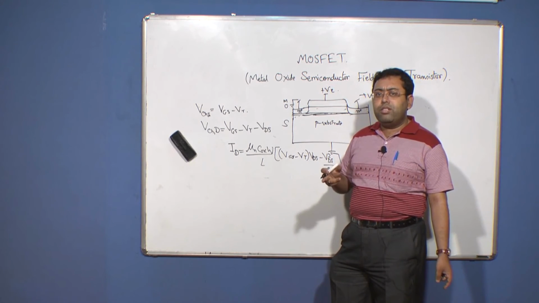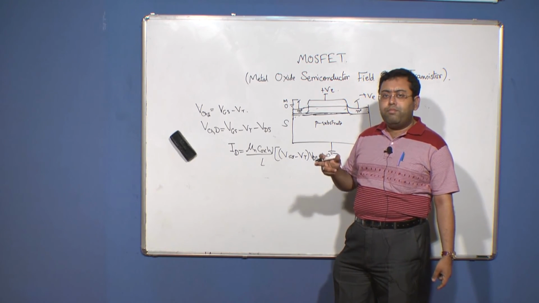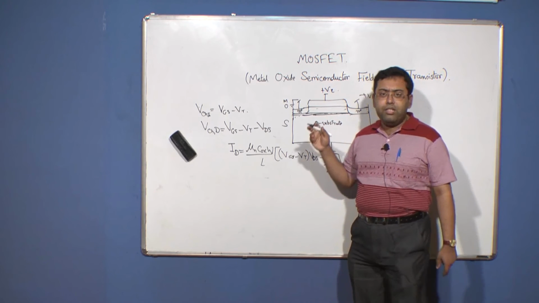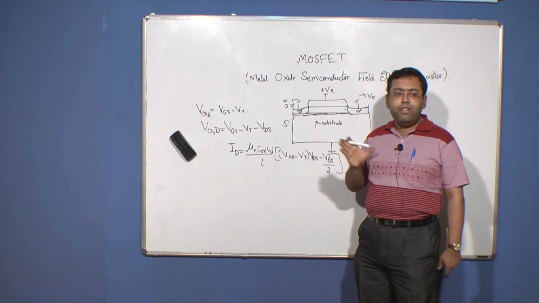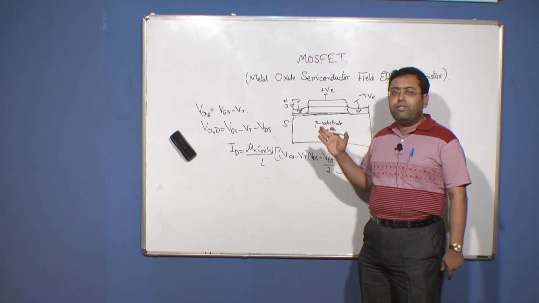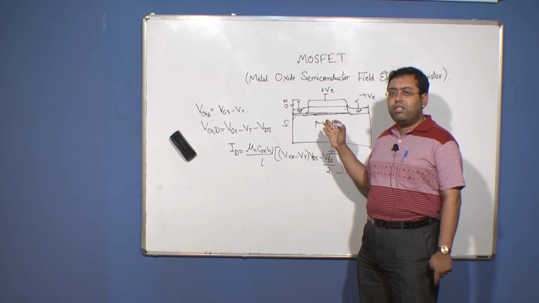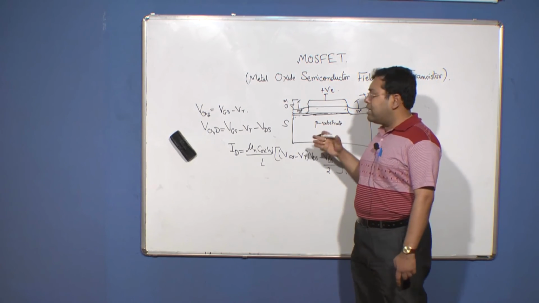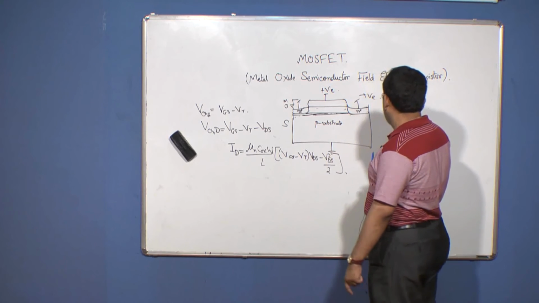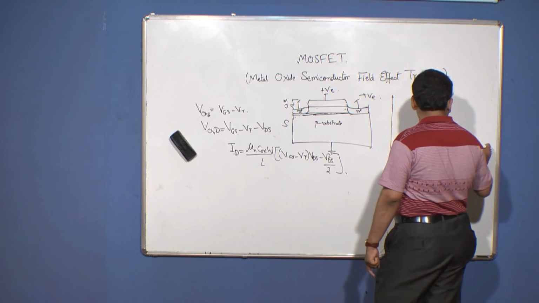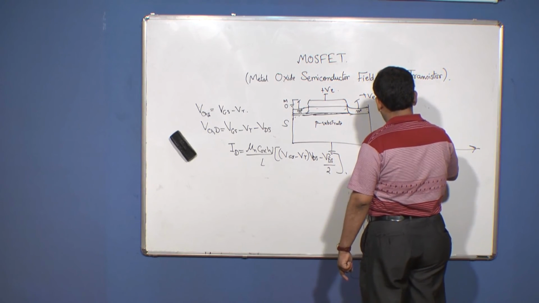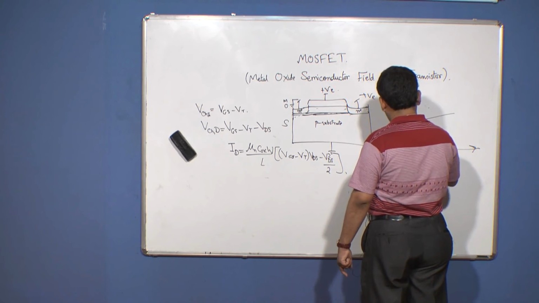Beyond a point which we call the pinch off point, there exists a strong electric field through which electrons are deflected with a very high velocity towards the drain, and therefore, conduction does not stop beyond the pinch off point. If you see the output characteristic of the MOS transistor, it is basically like this.